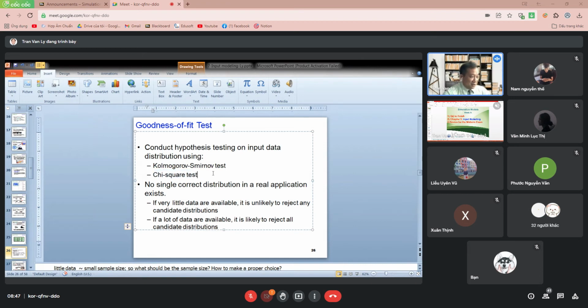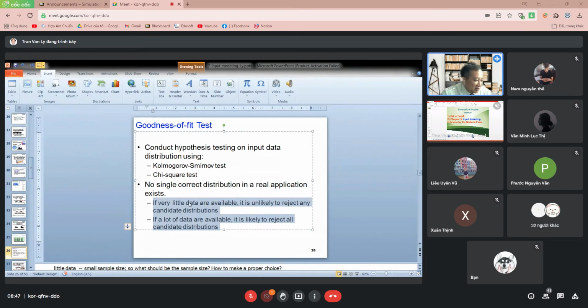For the first case. For the second case, there is no single correct distribution in the real case. So this is a pick-up thing.